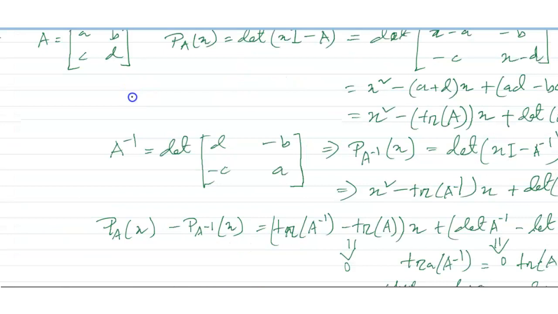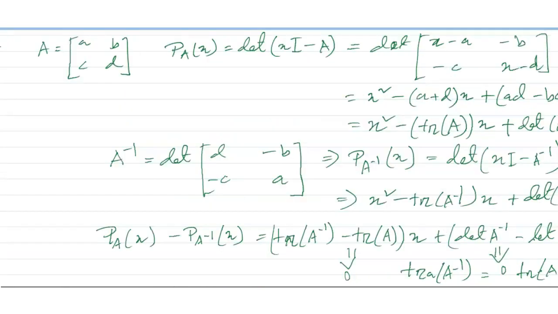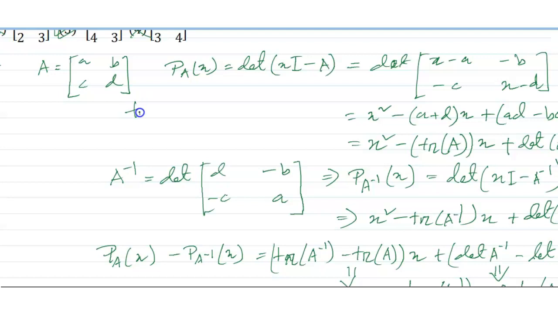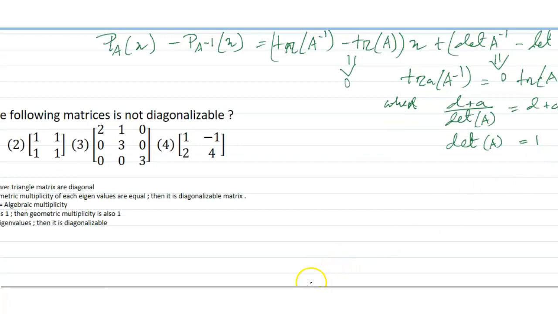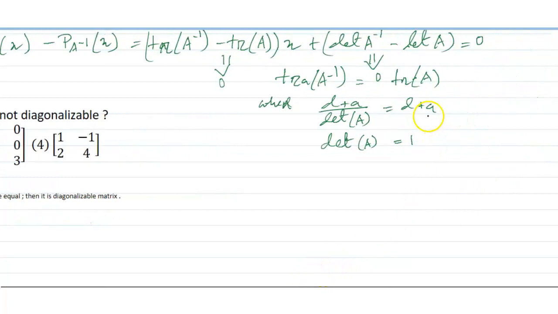Nice question friends, because you see that trace of A inverse is equal to (d plus a) divided by det A. Remember this, friends, and trace of A is equal to a plus d. Comparing these two facts, (d plus a) divided by det A is equal to d plus a, as trace of A inverse is equal to trace of A. So det A equals 1.